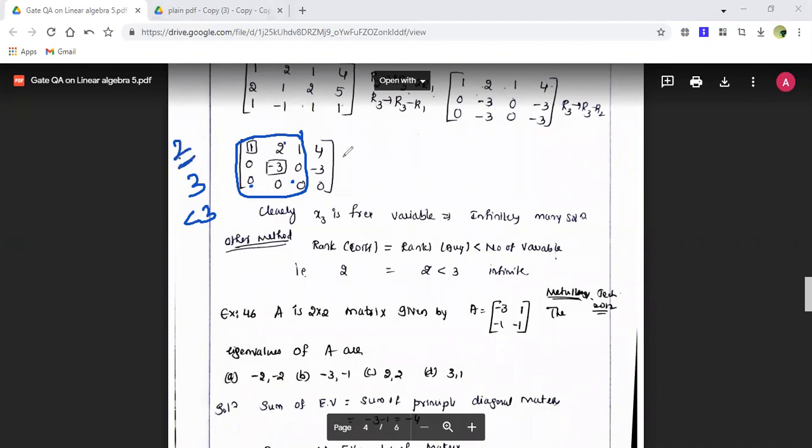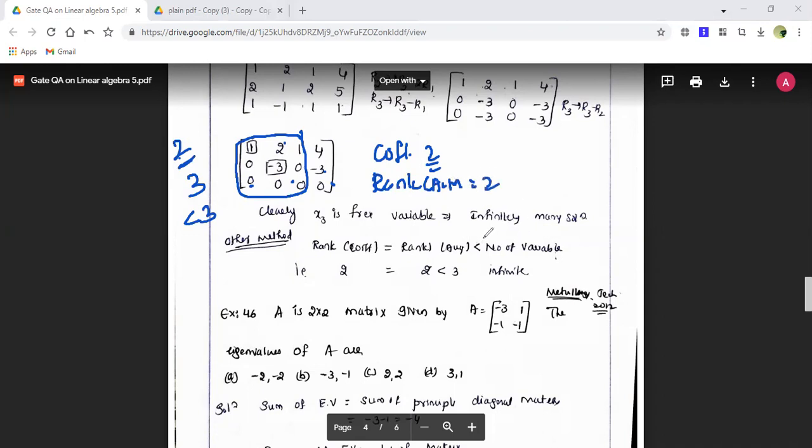So the coefficient matrix rank is 2 here, and for the augmented matrix, again the complete row is 0, therefore the rank cannot be 3. It is less than 3, that is 2. So the rank of the augmented matrix is also equal to 2.